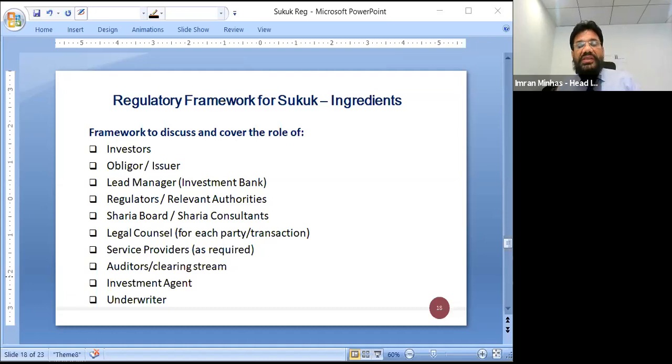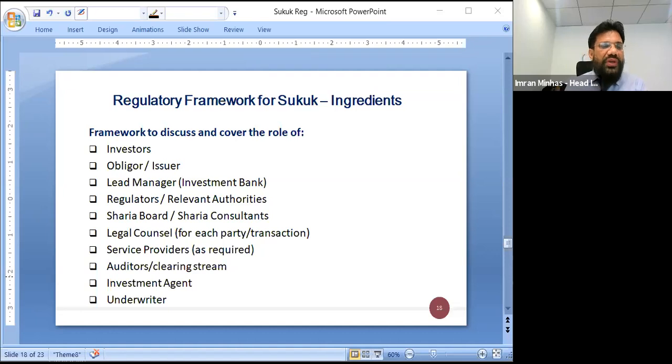So the Sharia board is an important part of the regulations. The role of the Sharia board, Sharia consultants, Sharia advisors, in any form, the involvement of the Sharia scholars is very important in this process for the credibility of the product. So we need to define again in the regulation what the requirements and fit and proper criteria should be for the Sharia boards and for the Sharia advisor.